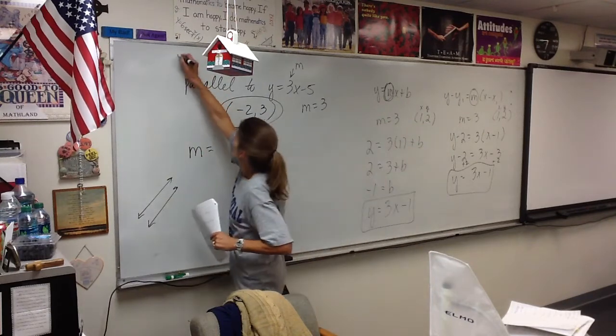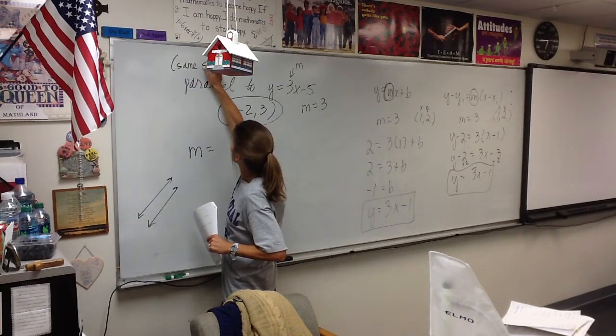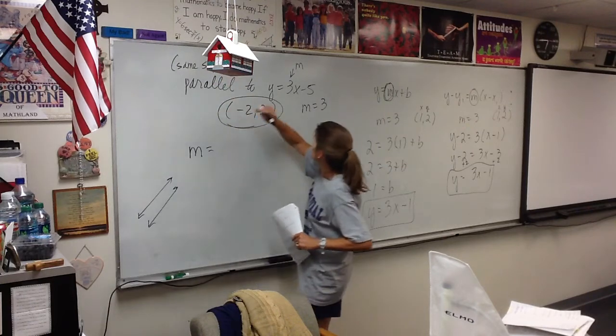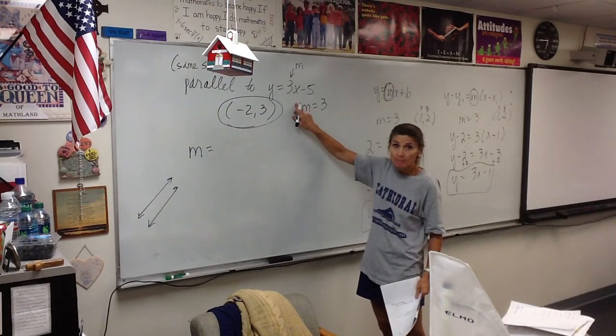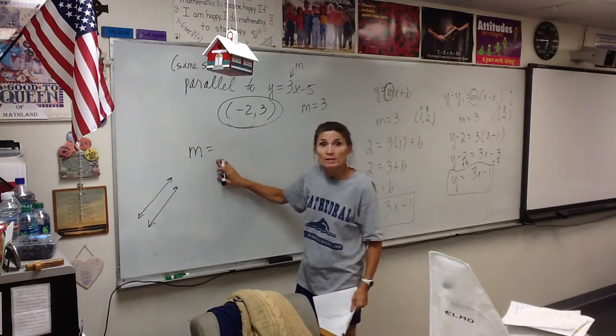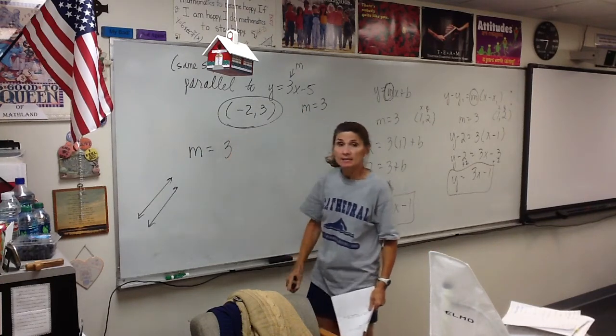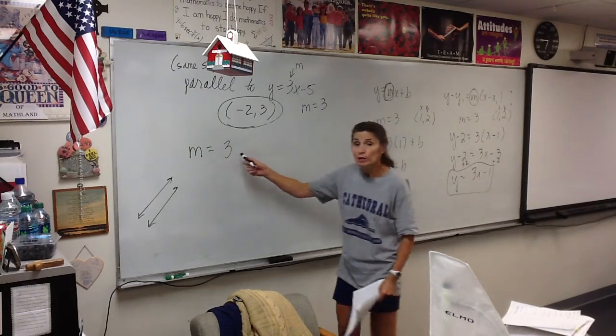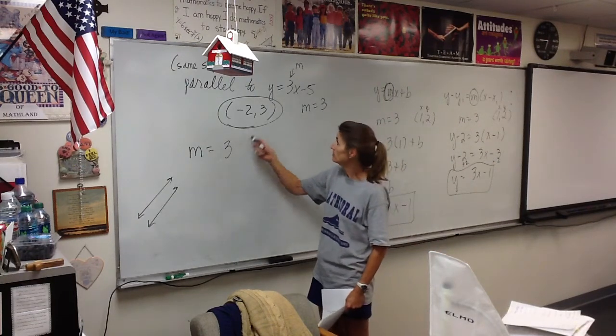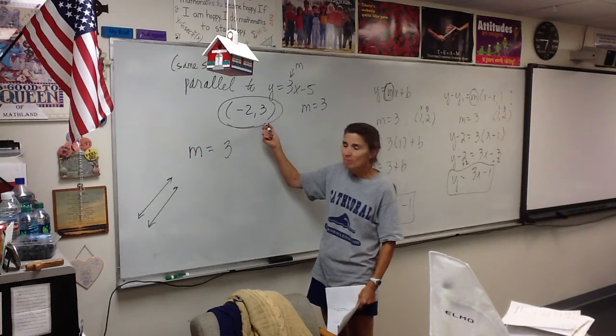Parallel lines have the same slope. So if the slope of the line I gave you is 3, then we're going to use 3 as the slope of our answer. So we're going to use 3 as the slope and this as our point.